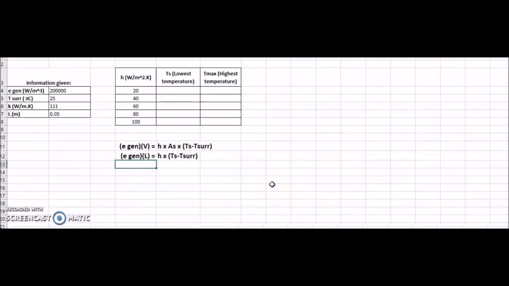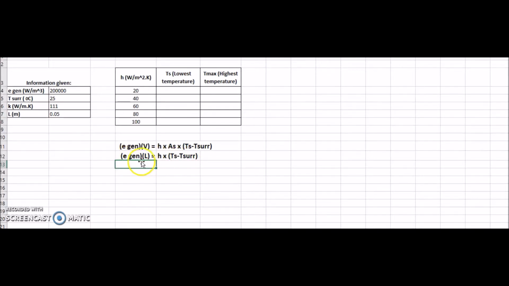As you can see, this is the equation used. So heat generation times the volume equals the heat transfer using convection. And after cancelling off the similar units, we are left with heat generation times the length equals the heat convection coefficient times the lowest temperature minus the T surrounding.